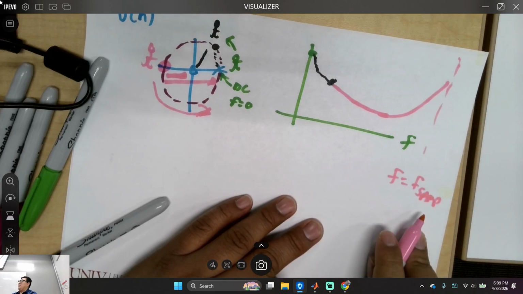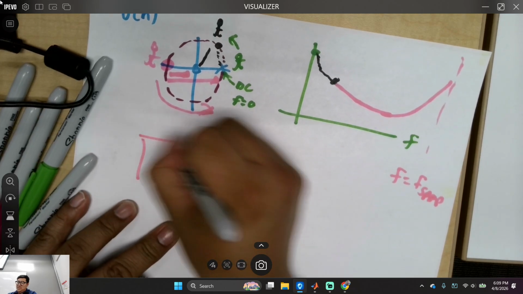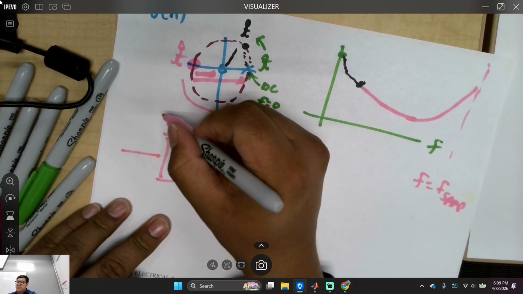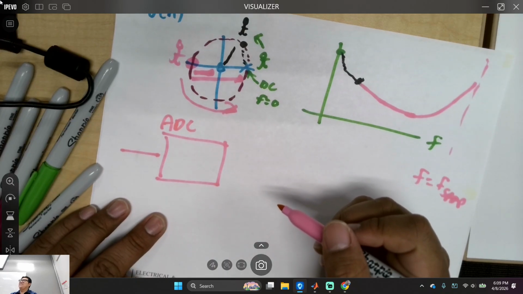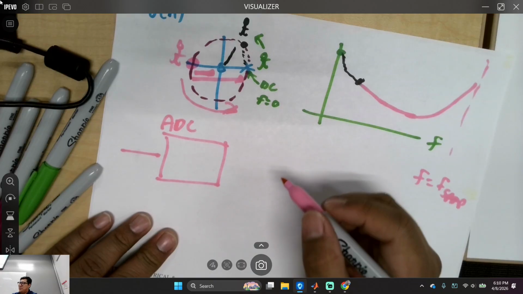Does anyone know what sampling rate is? ADC, analog to digital converter.